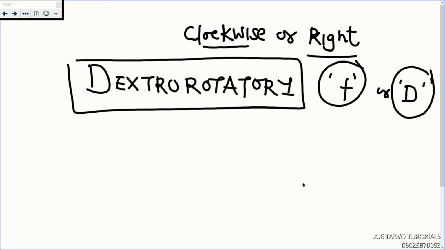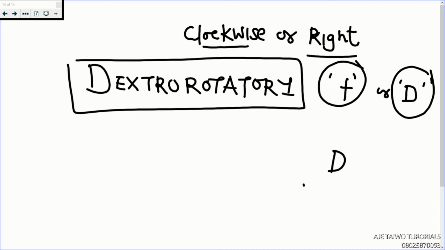If you see an enantiomer and they put D in brackets, that means it is dextro-rotatory. That enantiomer will rotate light to the right, or clockwise, or in the positive direction.